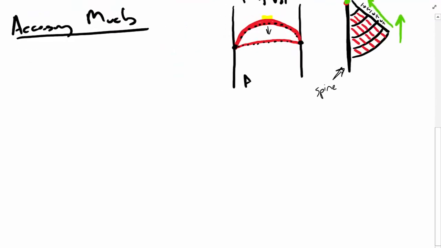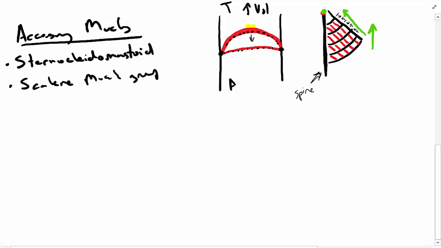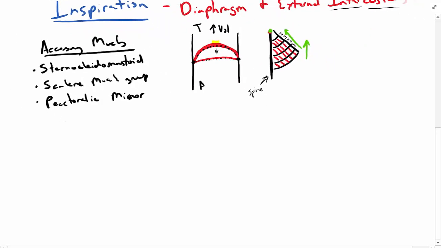The accessory muscles are the sternocleidomastoid, the scalene muscle group, and the pectoralis minor. These will be engaged if needed during very strenuous activity. Okay, so those are the inspiratory muscles.